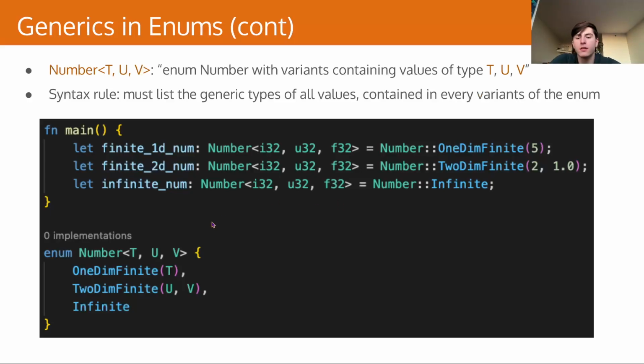You can even declare more types like this and use them completely separately, just like you did in the struct with x and y. But here, you need to pass in all of them through the definition here, and then use all of them here.